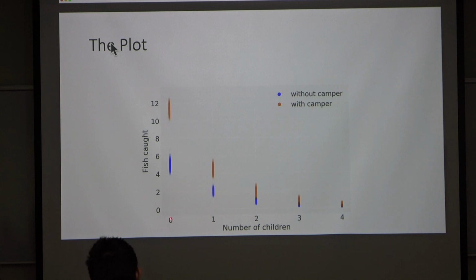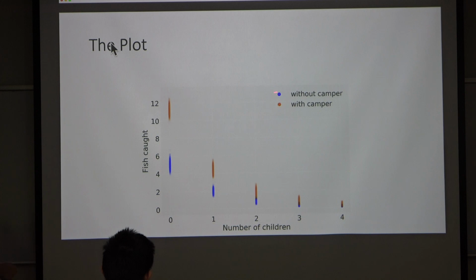Obviously, because the number of children is a count data type, it only has 0, 1, 2, 3, up to 4. I think for a family to have 4 children is already a lot. So the maximum number of children in the data set is 4, by the way. And whether we have a camper or not is represented by different groups.